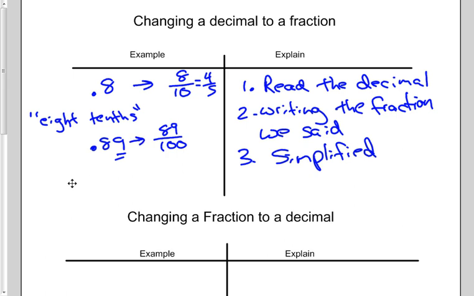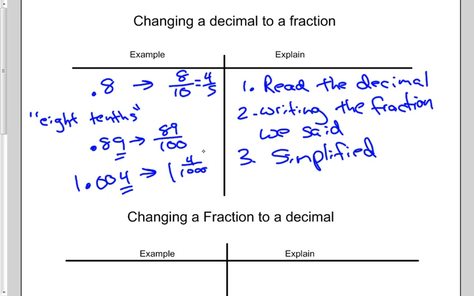All right, let's try a decimal with a whole number. So how about 1.004? All right, so again, I'm going to read that decimal. 1 and 4 tenths, hundredths, thousandths. So this is going to be a mixed number. A mixed number has a whole number and a fraction. So 1 and 4 over 1,000.